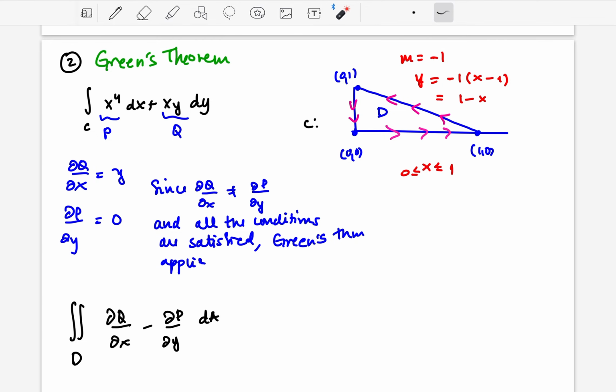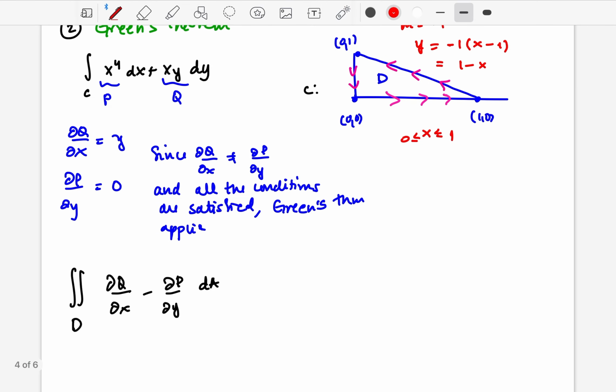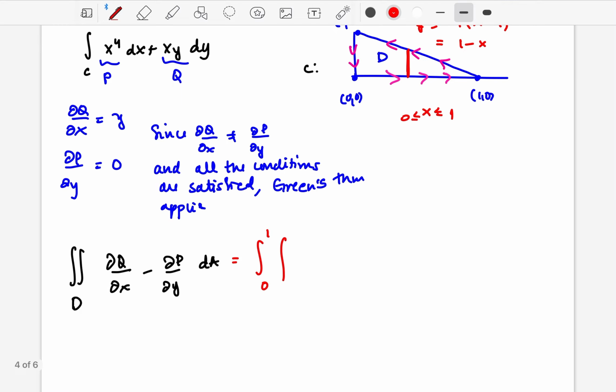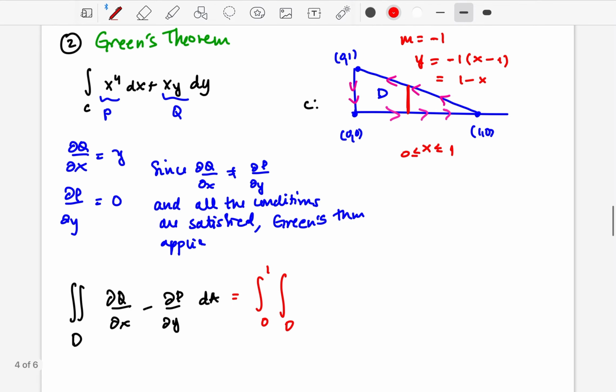Perfect. So x goes from 0 to 1, and then y goes from 0 to this line. It's top, bottom. So y goes from 0 to 1 minus x.